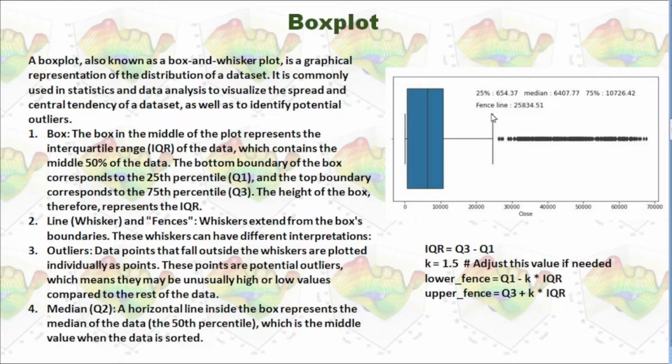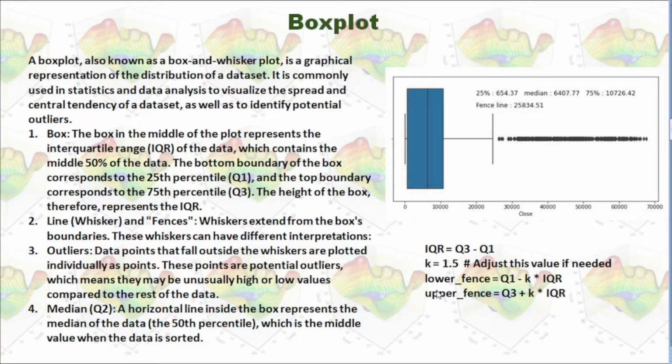And also there is a line here. This line is called the fence line or whisker. That is calculated by calculating this IQR first. IQR is the width of Q3 minus Q1.